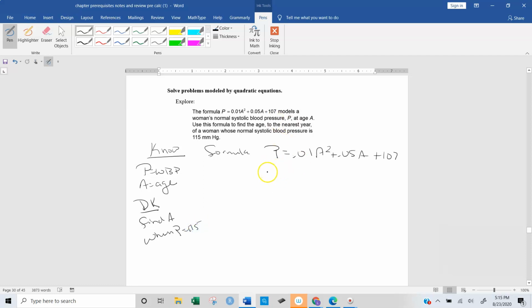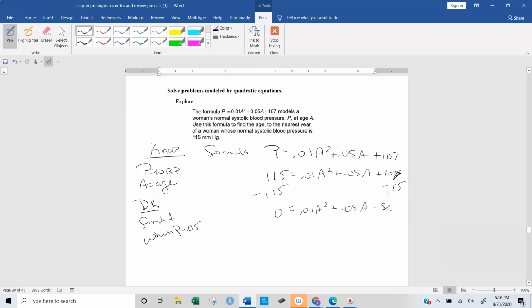So let's go to our formula. 115 equals 0.01 a squared plus 0.05a plus 107. We're going to subtract the 115 because we have to set it equal to 0. So now we know 0.01 a squared plus 0.05a minus 8.